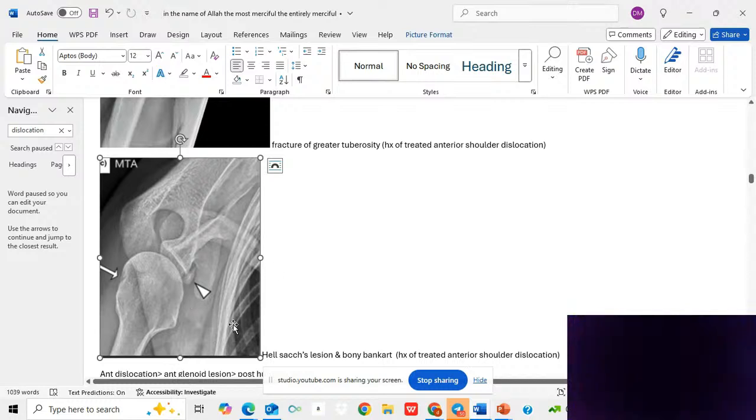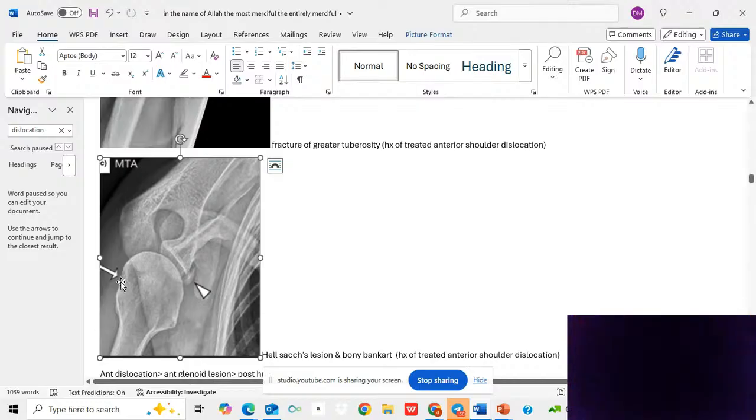As this is the axial view, this is all anterior and this is posterior. Here is the acromion, and here is the coracoid process. The anterior aspect, the posterior aspect of the humerus.